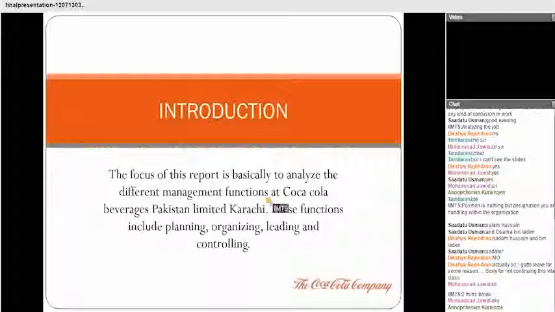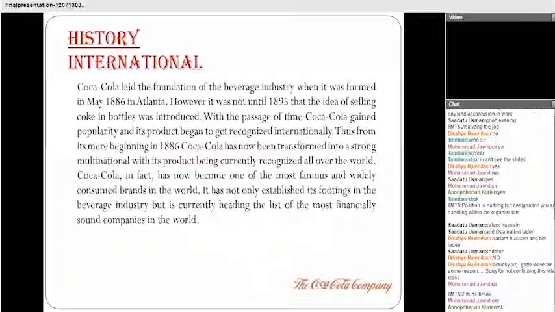The focus of this report is basically to analyze the different management functions at Coca-Cola Beverages Pakistan Limited in Karachi. So these functions include planning, organizing, leading and controlling. So this particular case study will tell you the different management functions which are being carried out at the Coca-Cola office based in Pakistan in the city Karachi.